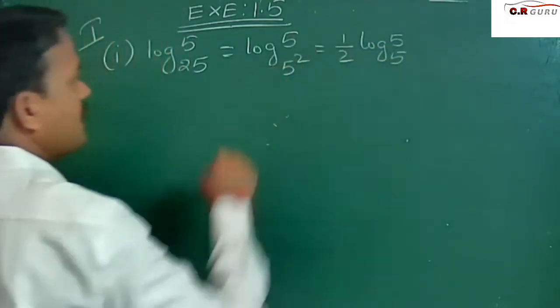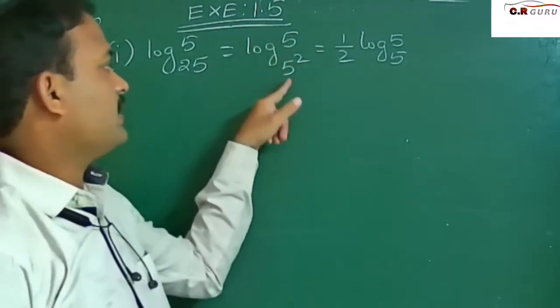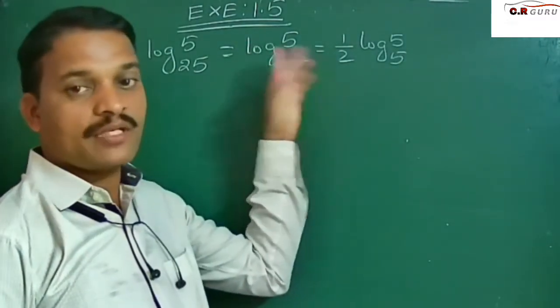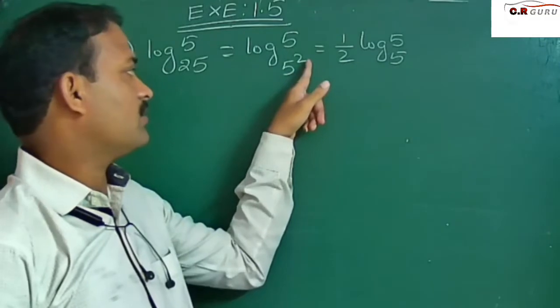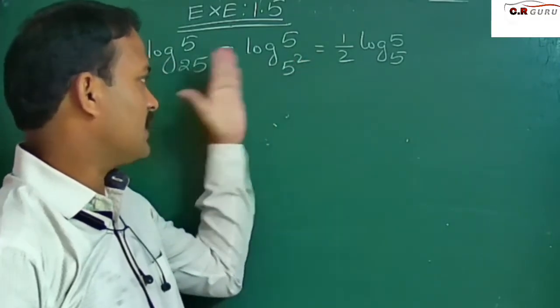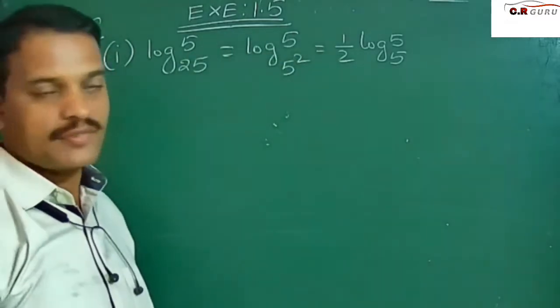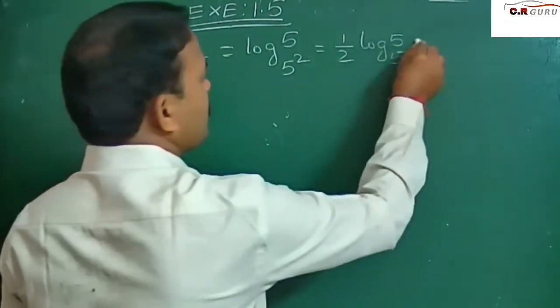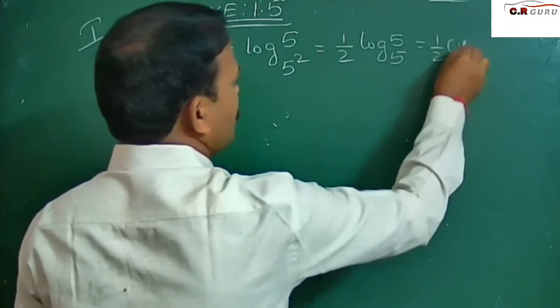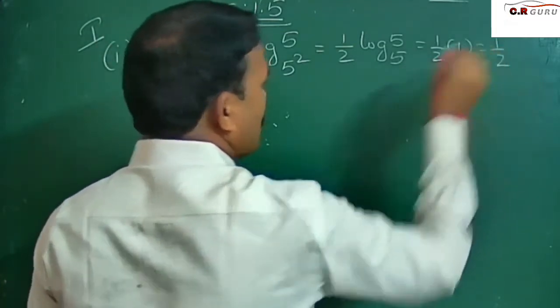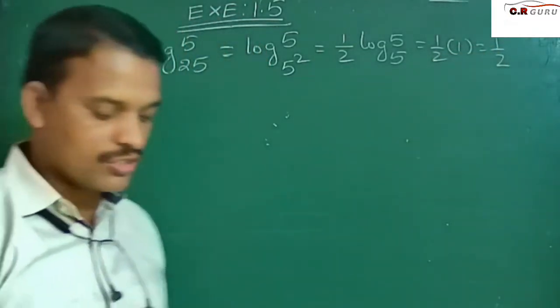Why? Because log a base a power of m is nothing but 1 by m. When there is a power on the base, it comes as a denominator. Log 5 base 5 is 1, so 1 by 2 into 1 is 1 by 2. That is the first sum.